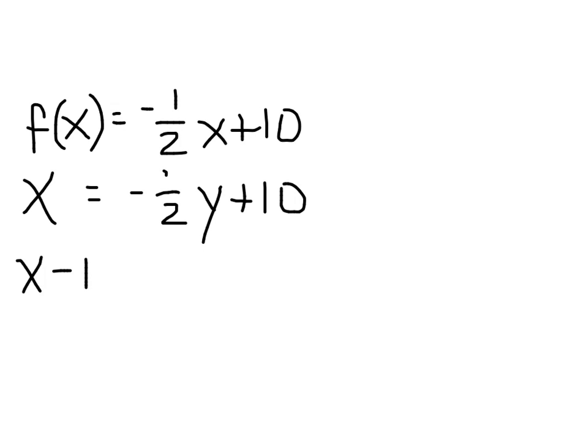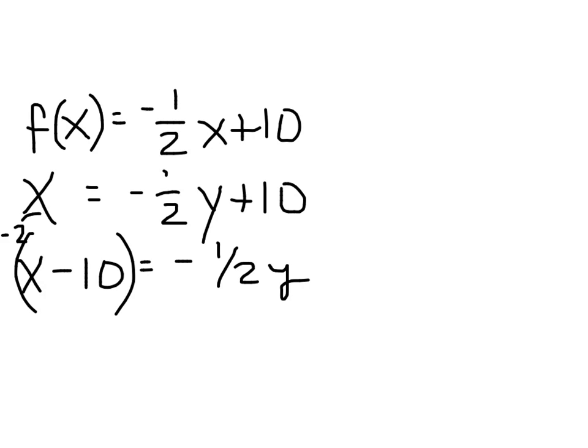Subtract 10. How do I get rid of a times by negative 1/2? Multiply it by negative 2 or divide it by negative 1/2, but it's easier to multiply by negative 2. Make sure that you multiply each piece by negative 2 and not just one or the other.